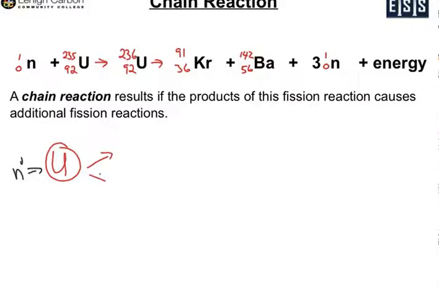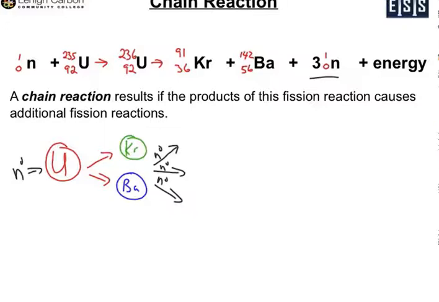You get 2 fission products. You're going to get some krypton, and you're going to get your barium. But you'll also remember from this equation here, you're going to get 3 neutrons. 3 more neutrons.